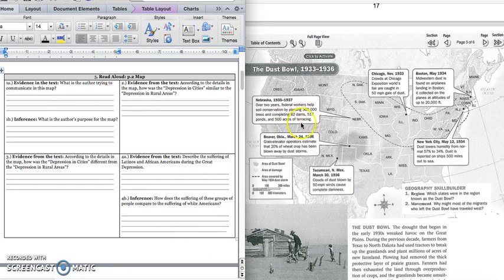We know that in Nebraska, they began repairing the land that was affected by the dust storms, and that's not something that we know they did in the cities based on the information in this map. So in the rural areas, they began repairing the land, but in the cities, we don't have evidence that they repaired the land.